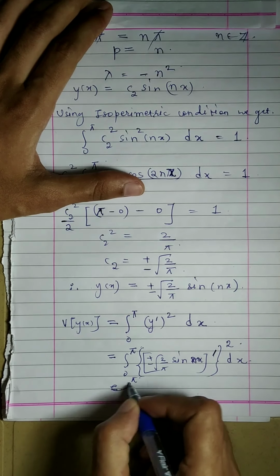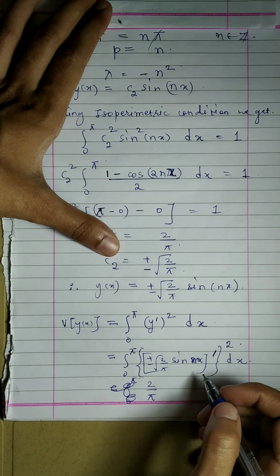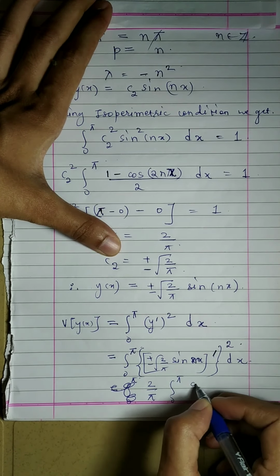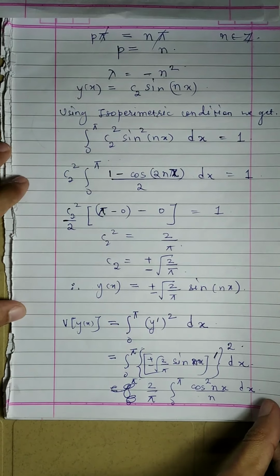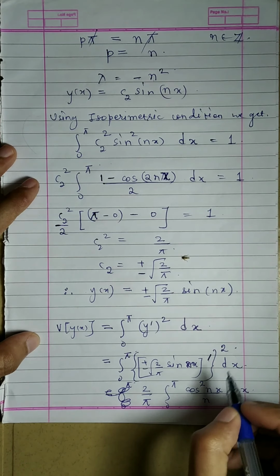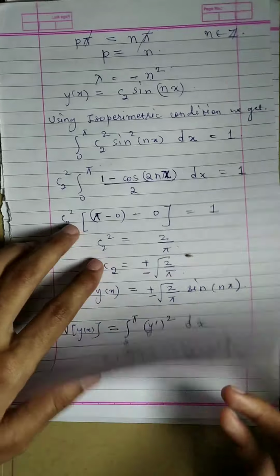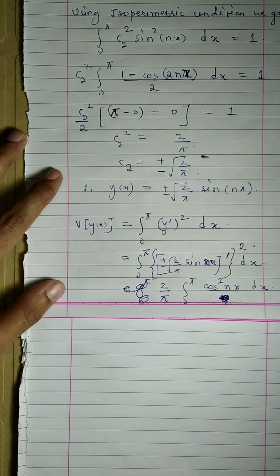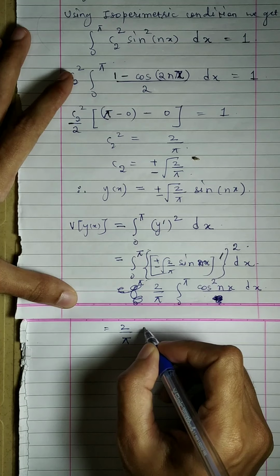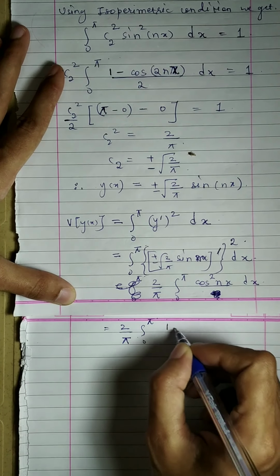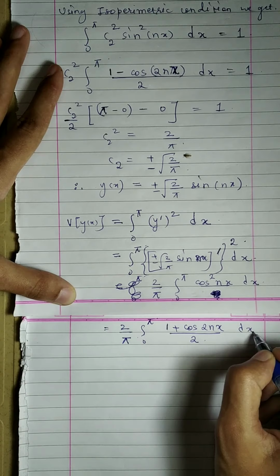Okay, so it will be equal to 2 by pi into integral from 0 to pi 1 plus cos of 2nx by 2 dx.